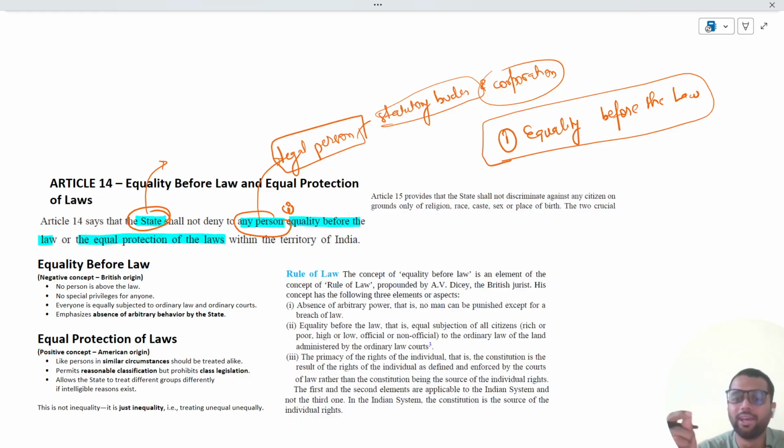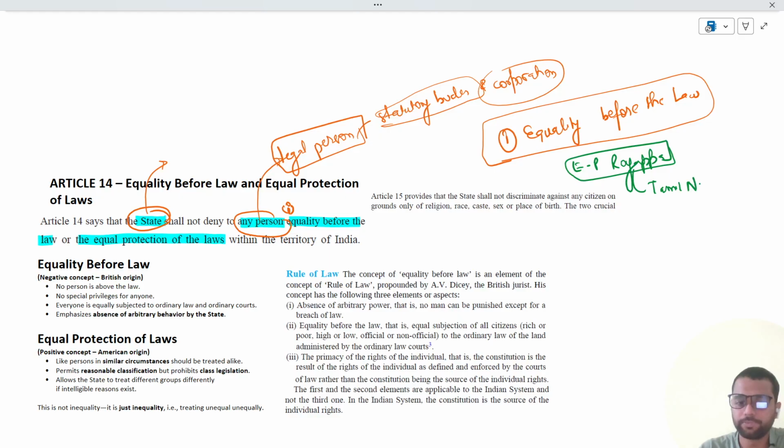The interpretation is what we get in the case of E.P. Royappa. E.P. Royappa was a senior IAS officer serving in the state of Tamil Nadu, in the position of chief secretary.